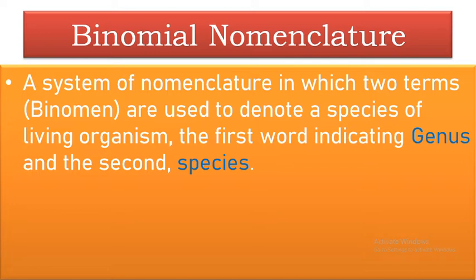So within a single statement, what is binomial nomenclature? It is a system of nomenclature in which two terms, binomen, are used to denote a species of living organism, the first word indicating genus and the second species. Why to have this binomial nomenclature?